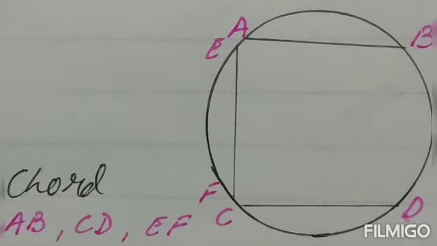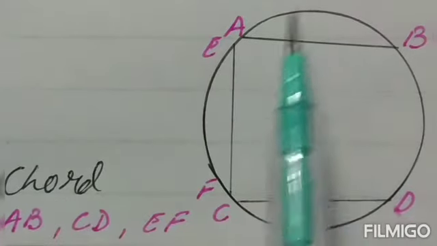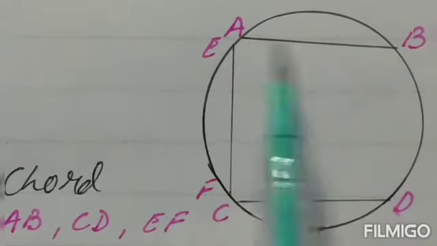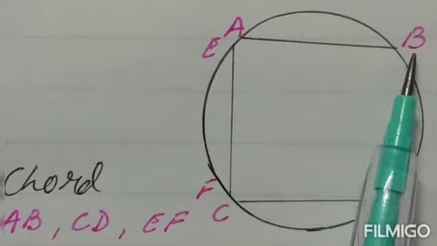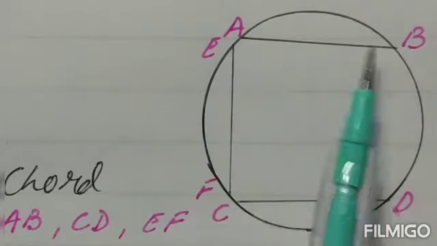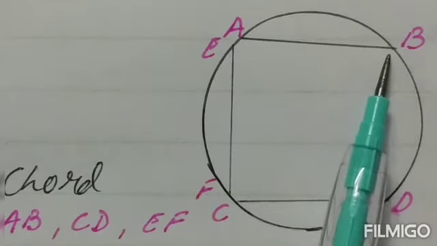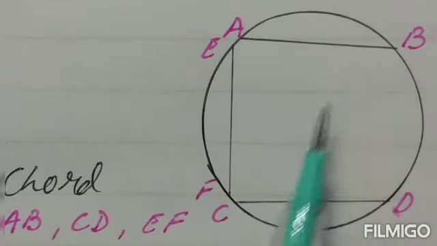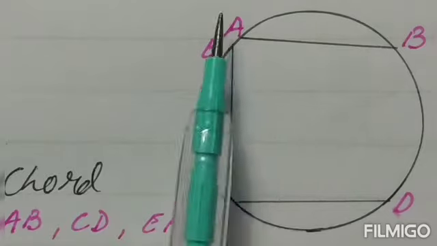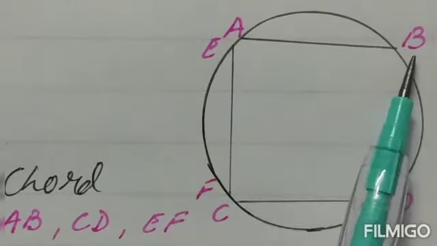Next is known as, children, a chord. Now a chord is a straight line which is drawn anywhere on the circle, children, and it touches the circumference at 2 points. That means the two ends of the line are touching the circumference. It should not be passing through the center. So that is known as the chord.